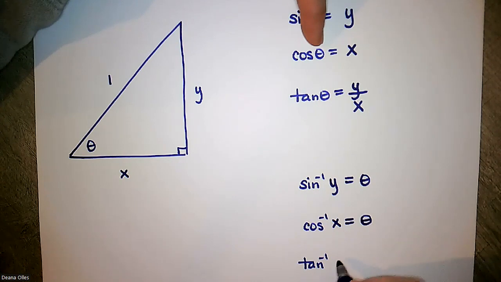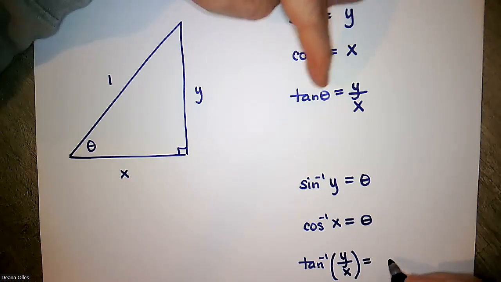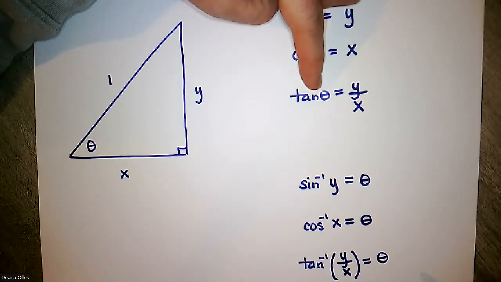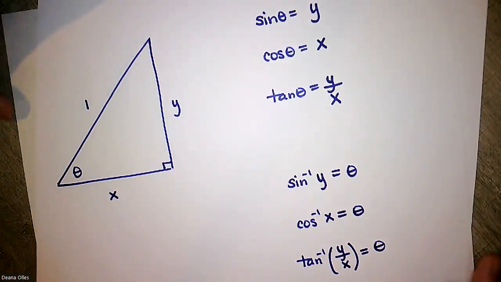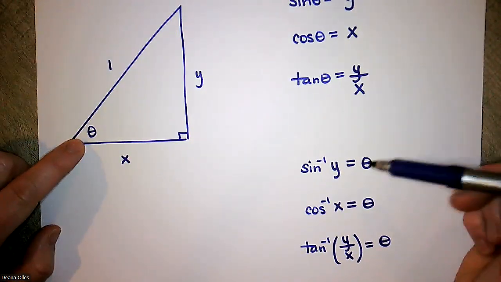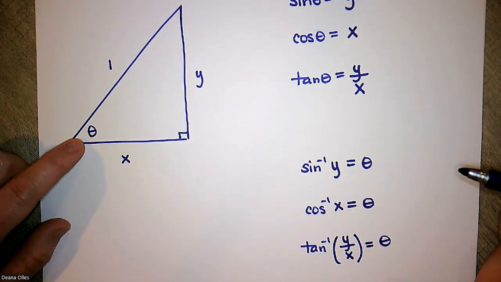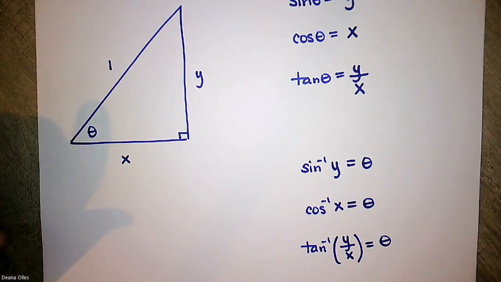And the inverse tangent of y over x is also theta, which means I can write this angle theta in terms of not just 3 inverse trigonometric functions, but 6, because we could potentially look at inverse cosecant, inverse secant, and inverse cotangent, which we won't do often if at all.